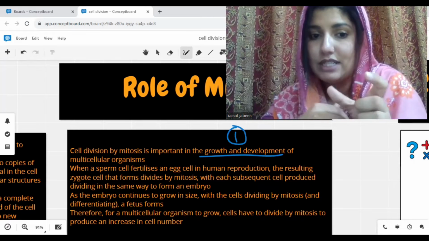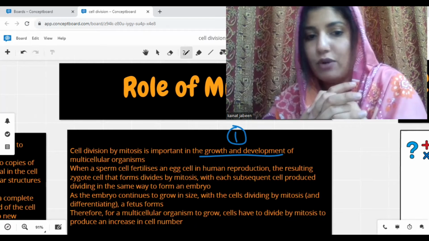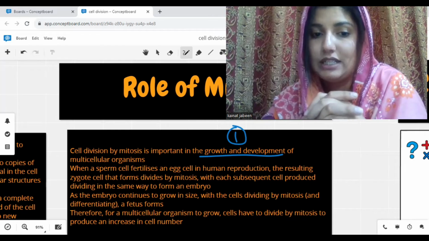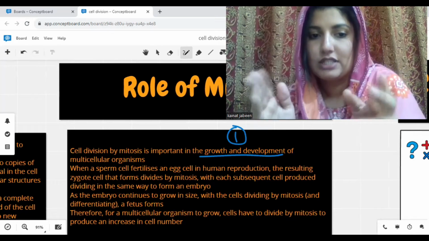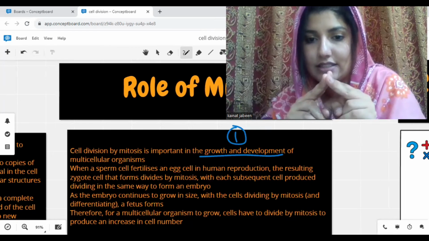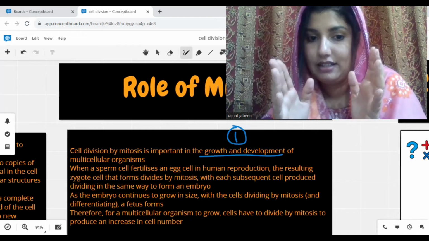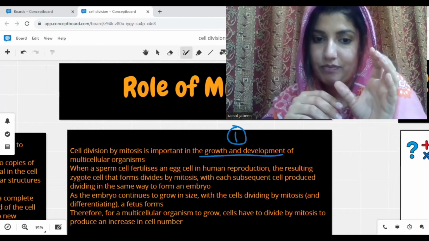Second, when a sperm cell fertilizes an egg in human reproduction, the resulting zygote divides by mitosis, with each subsequent cell produced dividing in the same way to form an embryo. So during the fertilization of sperm cells and egg cells, mitosis happens and they divide, and an embryo is formed.